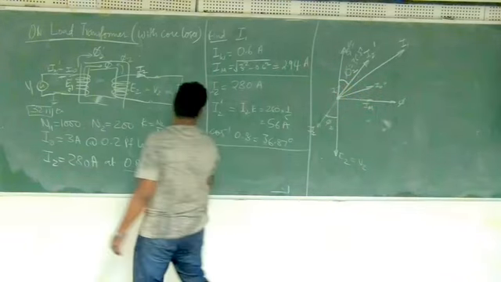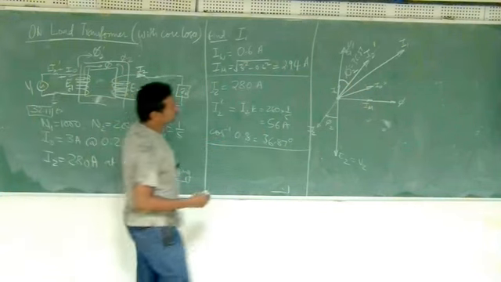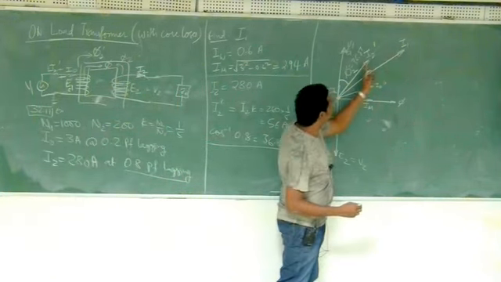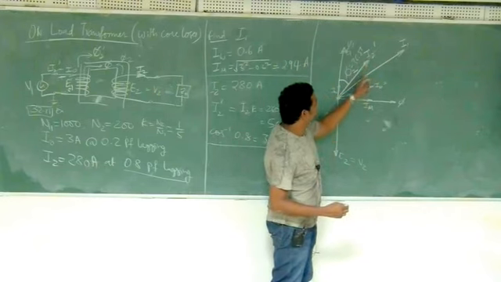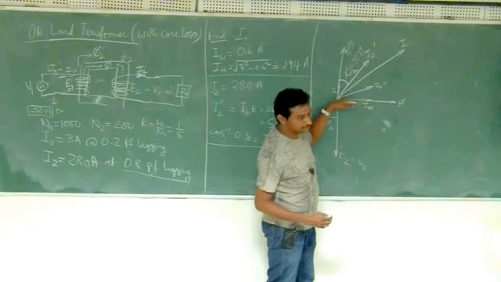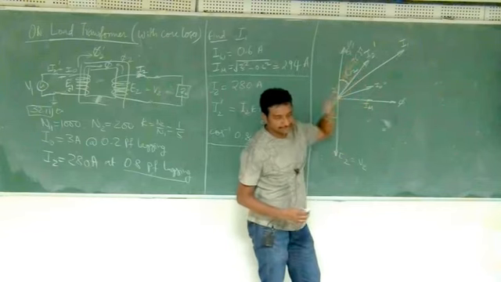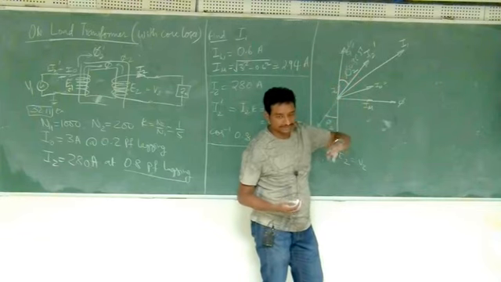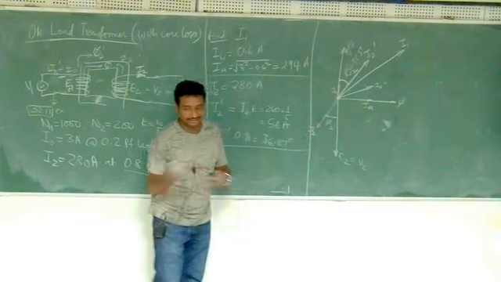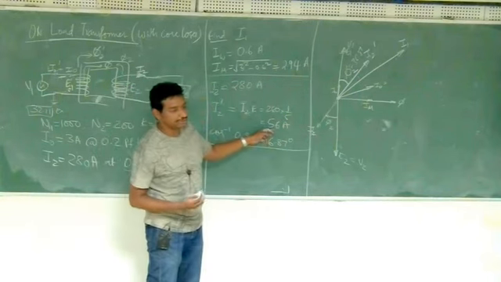So let me divide this current 56 into components. What is the horizontal component of I2 dash? It will be actually sine of 36.87, that will be 0.6, because 0.8 and 0.6 are cos and sine. So 56 into 0.6.